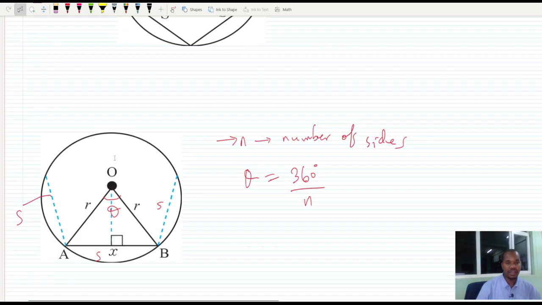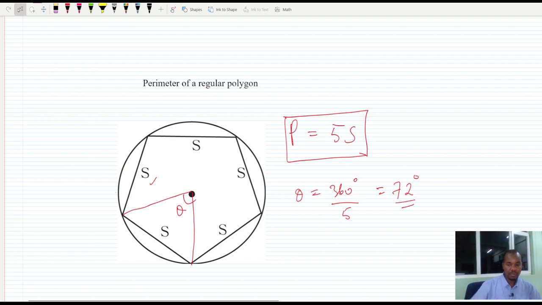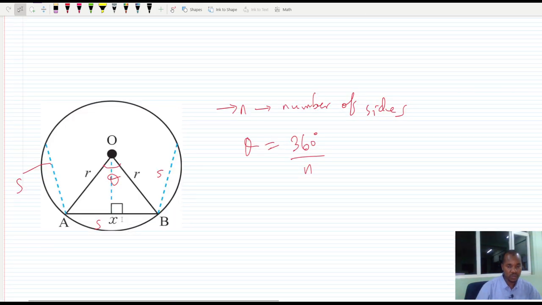In the previous case, to find the angle at the center, theta is 360 divided by the number of sides, which is 5, and we get 72 degrees. But when the number of sides equals n, the angle is going to be 360 over n.